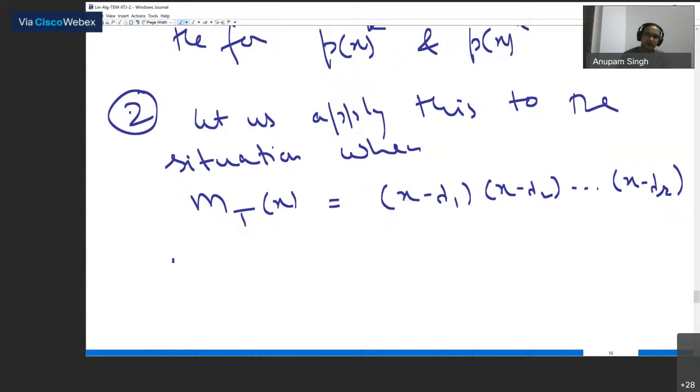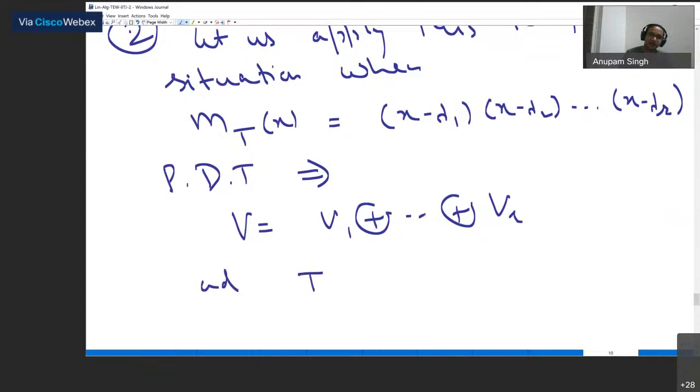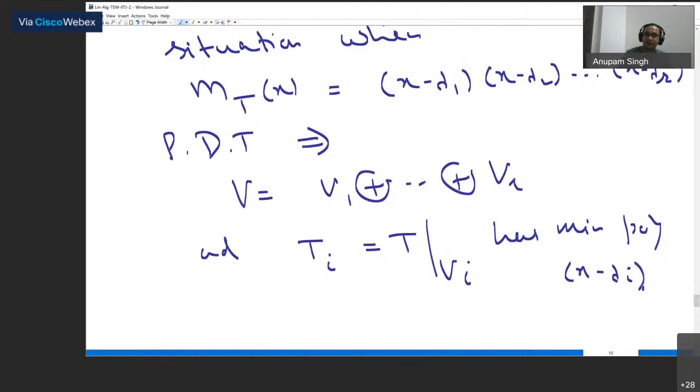So the primary decomposition theorem will imply that I can write V as V1 direct sum through Vr, and Ti, which is basically T restricted to Vi, has minimal polynomial exactly x minus lambda i. But what is the meaning of a linear transformation having minimal polynomial x minus lambda i?